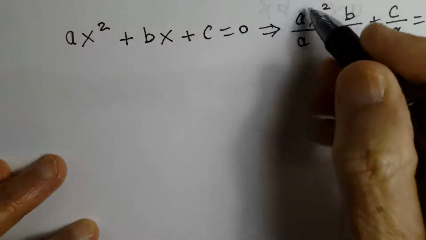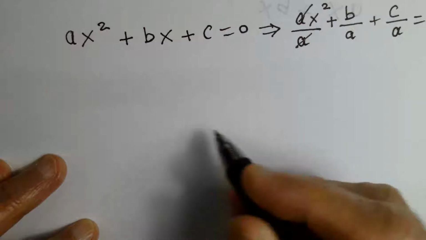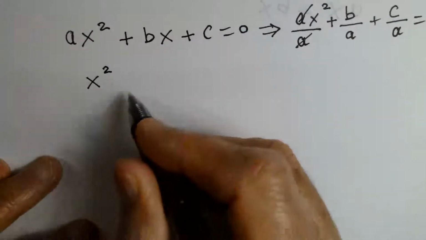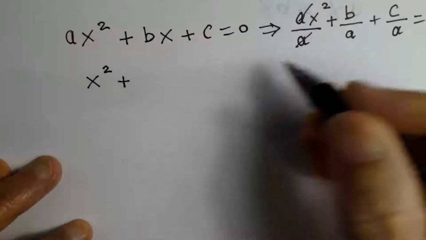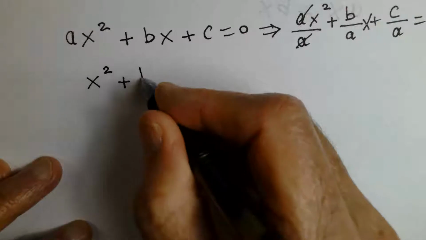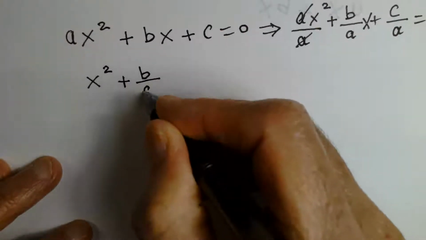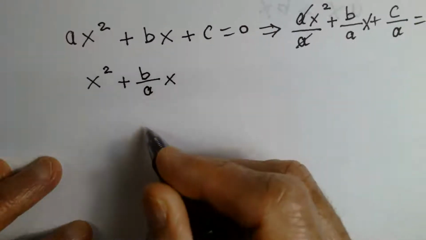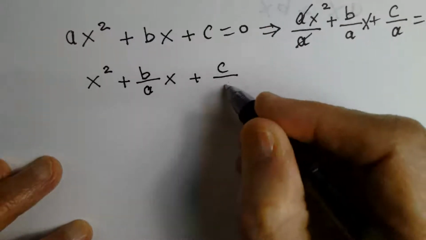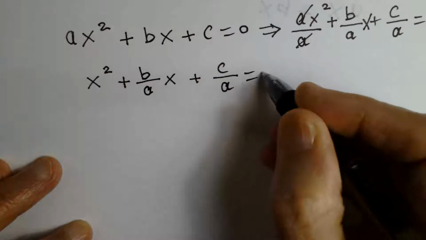Now if we cancel a and a, then we have x squared plus b by a into x plus c by a equal to 0.